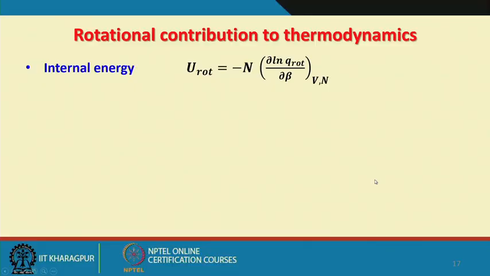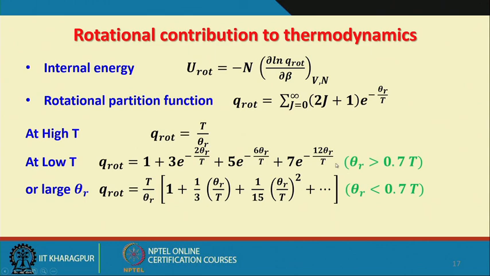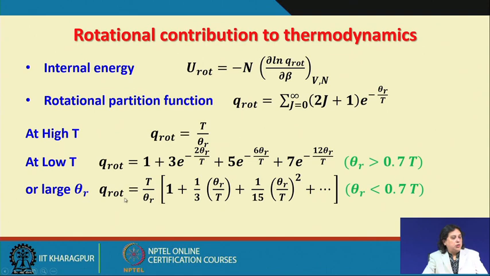Then, you can also find out the rotational contribution. Here actually, before you go and try out the derivative of the rotational partition function, this infinite series sum can be simplified in different ranges which are pretty well known, and as you can see, instead of evaluating an infinite summation at very high temperature, we can either have q_rot given by T by theta_r, or by a finite summation, or if the theta_r values are large, then some other summations are possible.